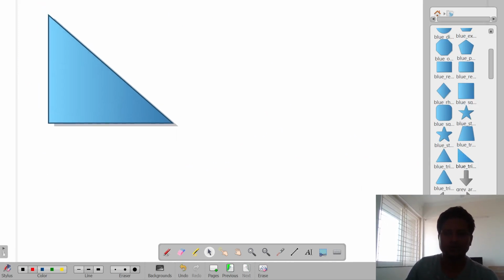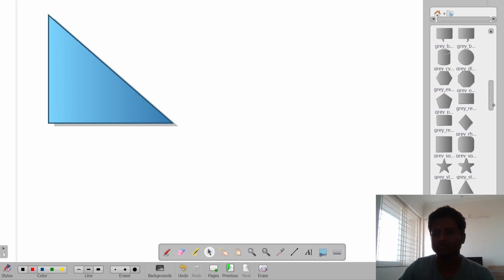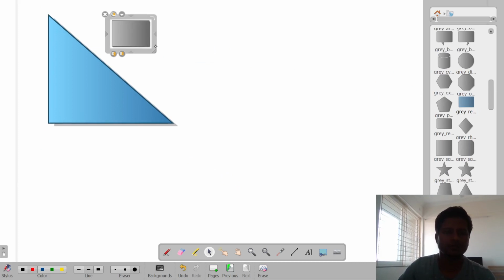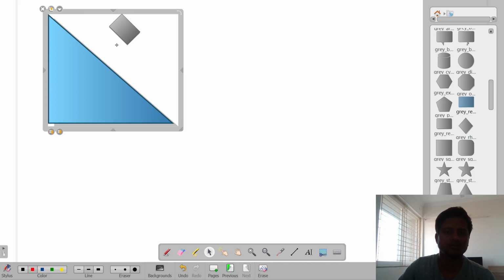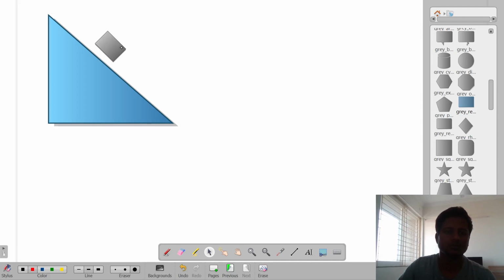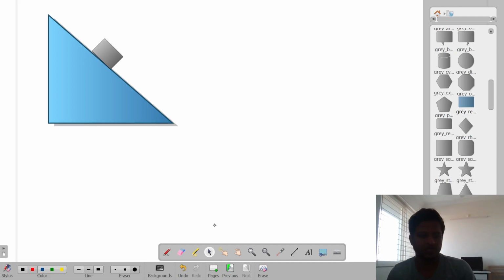So this is my inclined plane over here, and a block is placed on top of it.